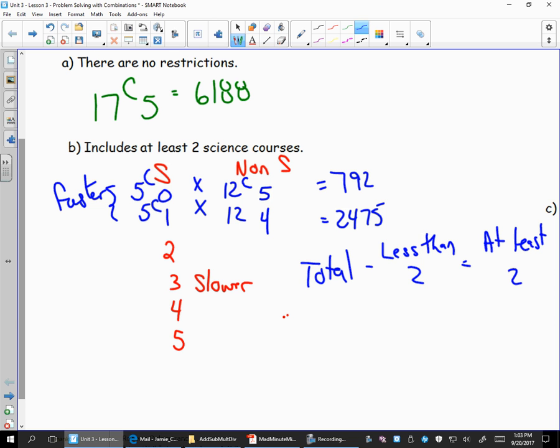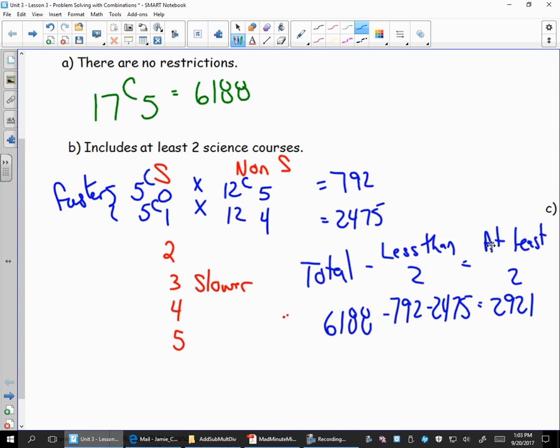So our total, when we start with 6,188, we get rid of these 2 cases that we're not allowed to have, 792 and 2475, and we're left with 2921. And that's quicker. Now, on the note that I put on the website, I did the long way just to show you that it works also.